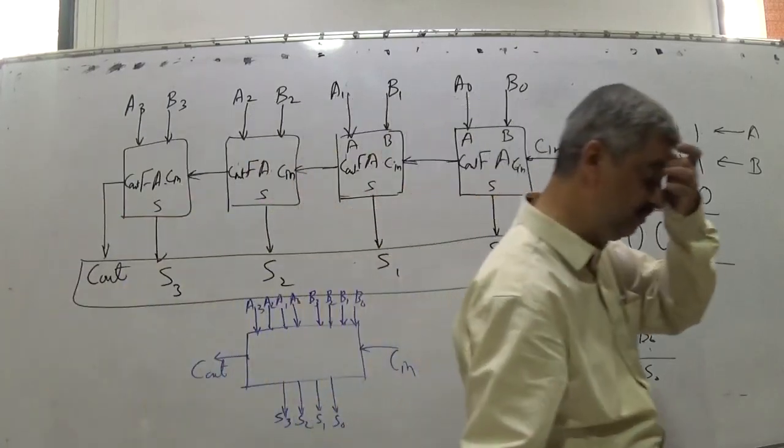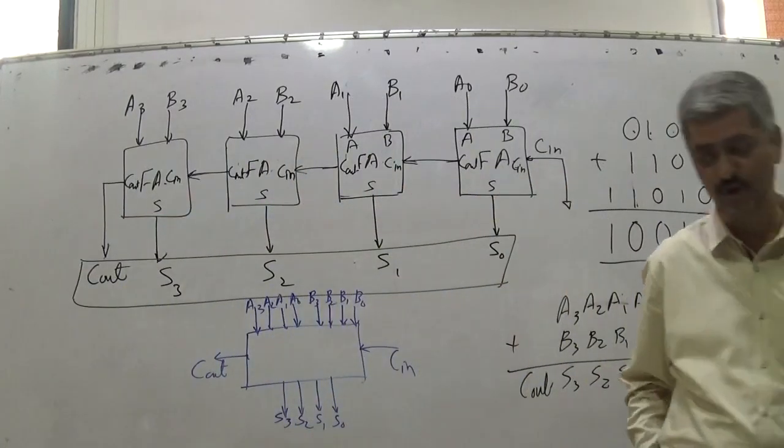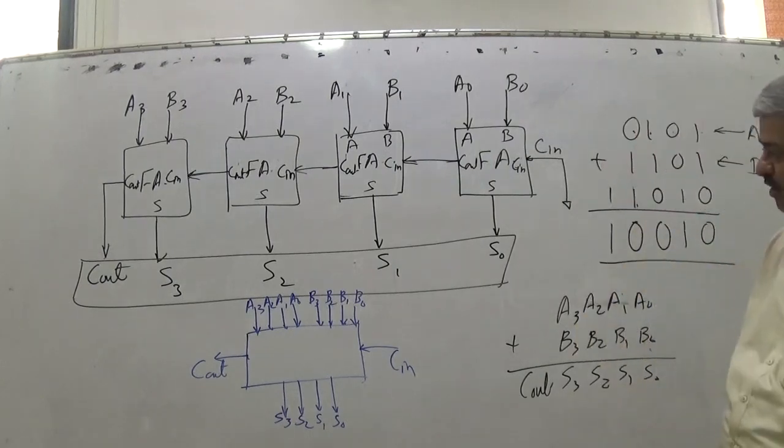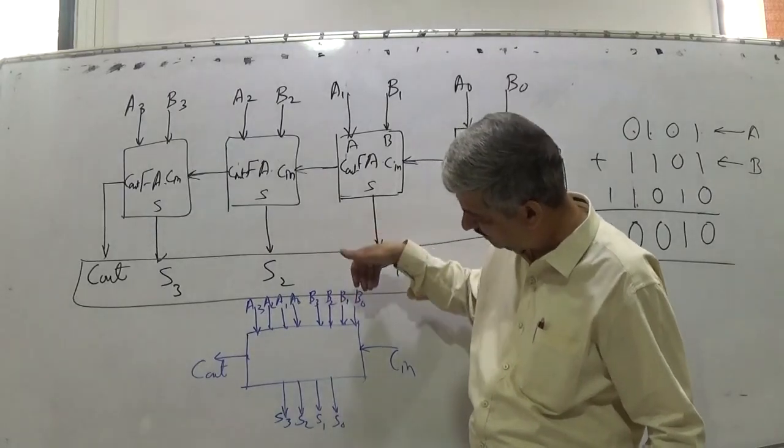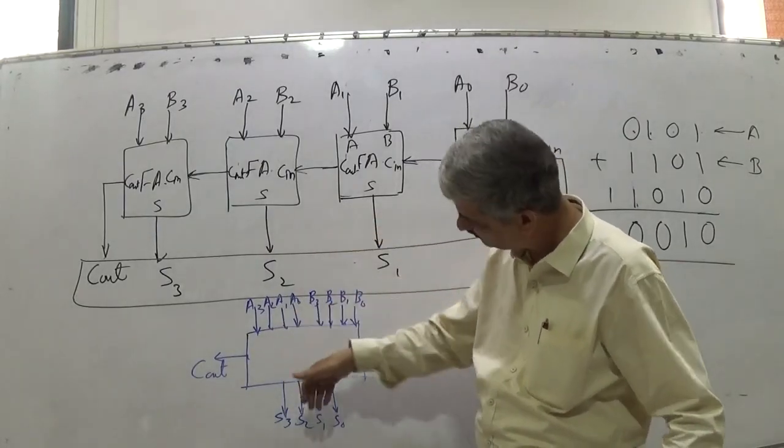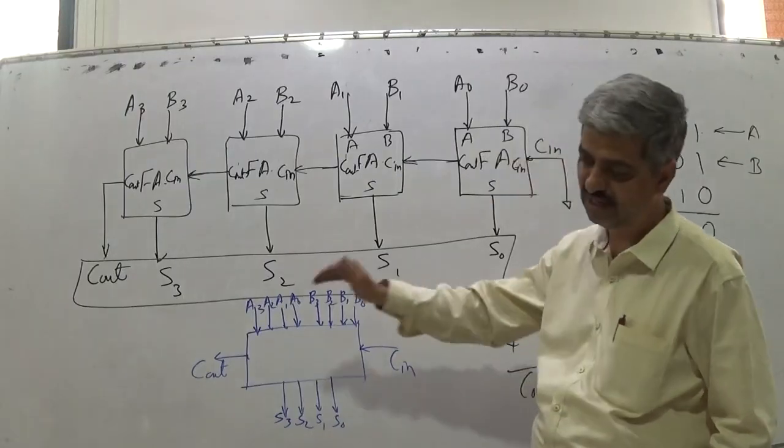So a 4-bit binary adder comprises 2 4-bit inputs A and B, 1 4-bit output sum, 1 carry in and 1 carry out.